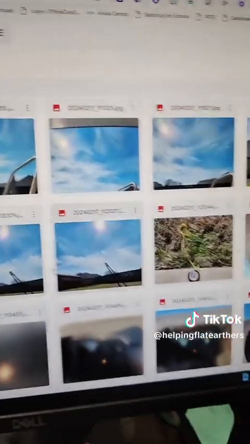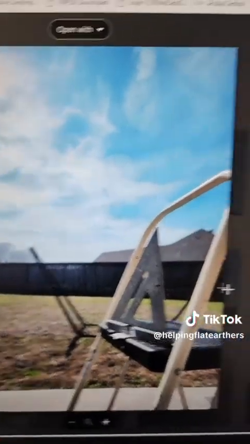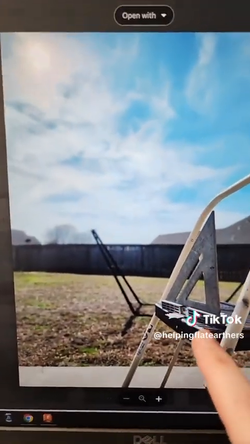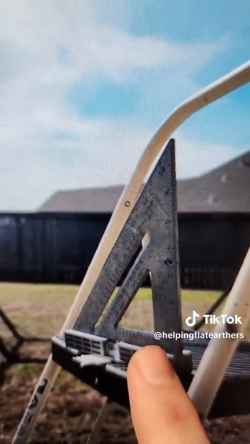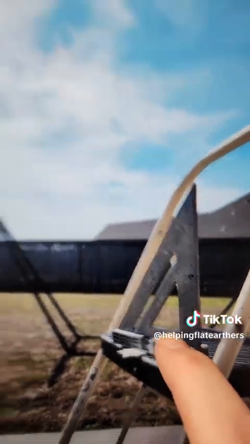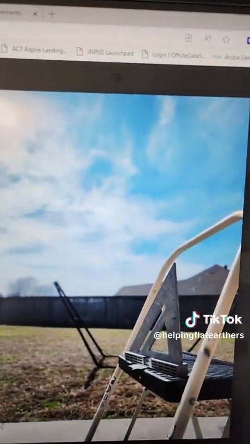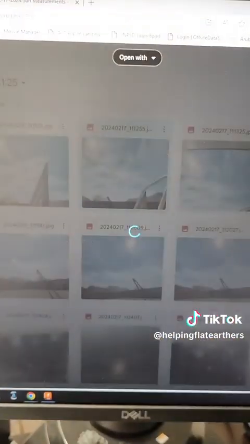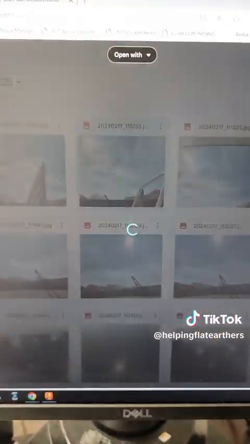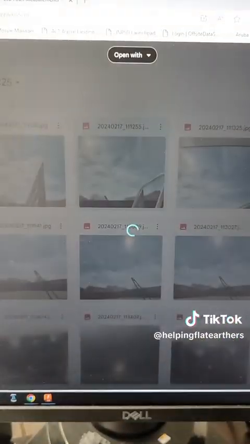I actually started it here because it was a little bit easier to get to, but again, leveled speed square, pointed at the sun, drew a line from here straight to the sun in CAD, and here's all the sun photos from different times in the day. I took several, and that was a mess up.